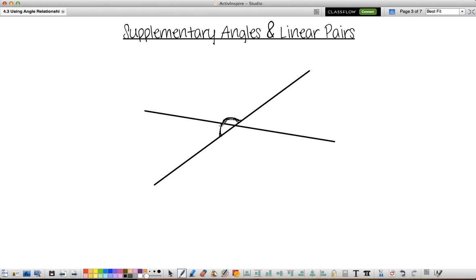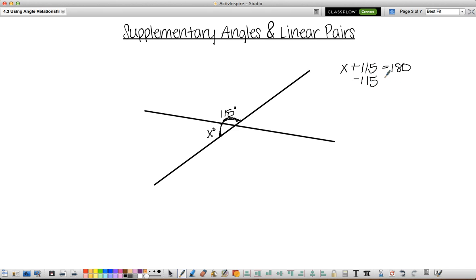Right? So again, we need to know at least one piece of information here in order to figure out our answer. So let's say that we know that this angle here is 115 degrees and that this angle is x degrees. Well, I know that x plus 115 has to give me 180 degrees.